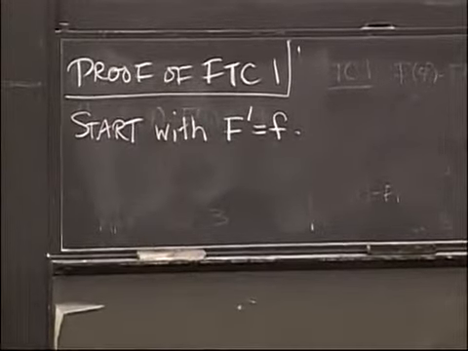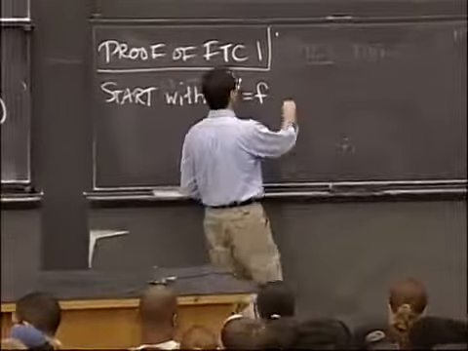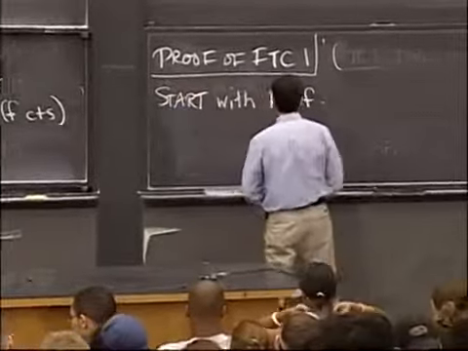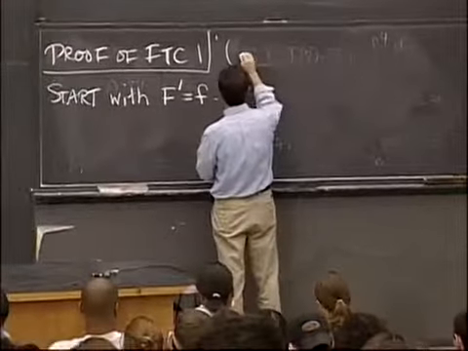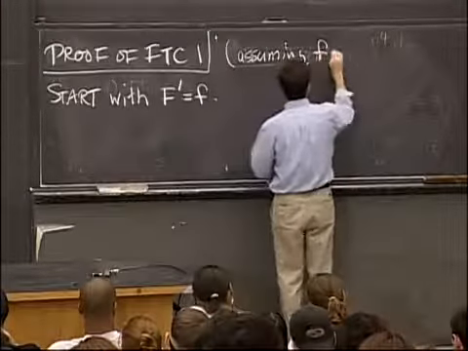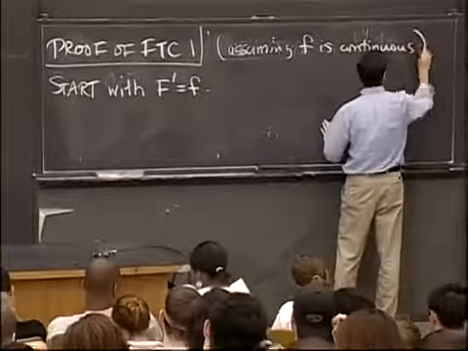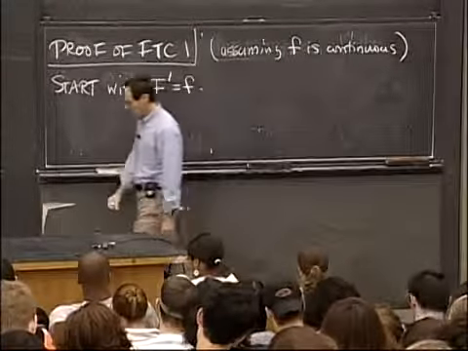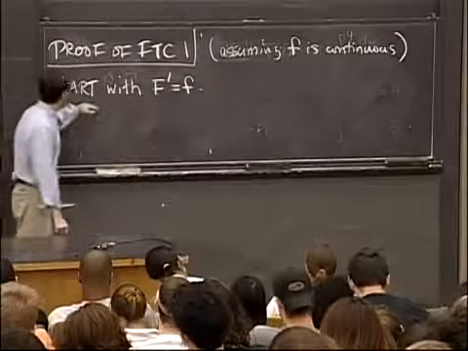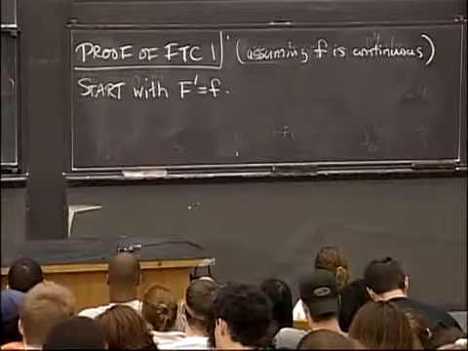That's the hypothesis. Now, unfortunately, I'm going to have to assume something extra in order to use the fundamental theorem of calculus 2, which is that f is continuous. That's not really necessary, but that's just a very minor technical point, which I'm just going to ignore.